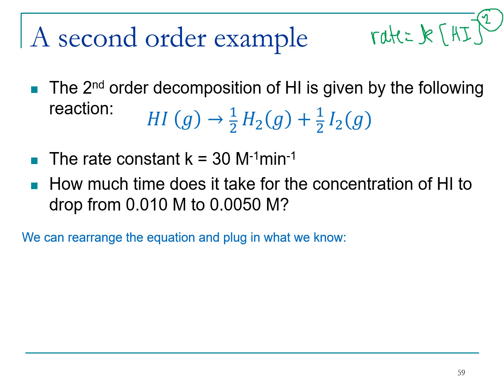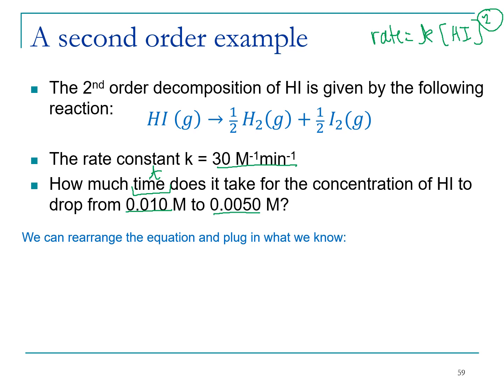And it's always the integrated rate laws that you're using when it's concentration changing over time. Okay, anyway, so they're telling us it's second order, and they're telling us what K is. And this time they're looking for time. So how much time, what is T, does it take for the concentration of HI to drop from 0.010 molar to 0.0050 molar?